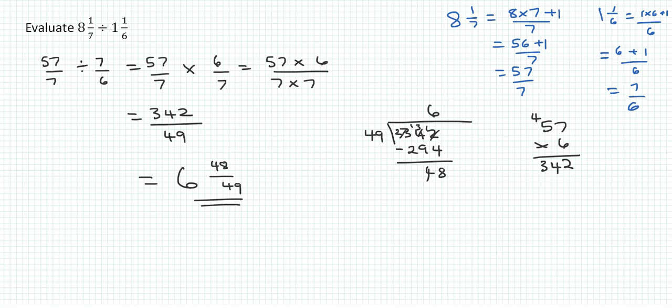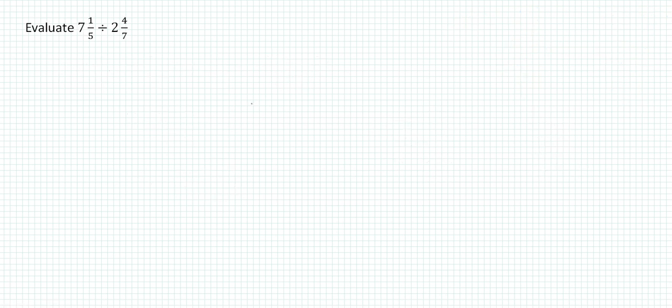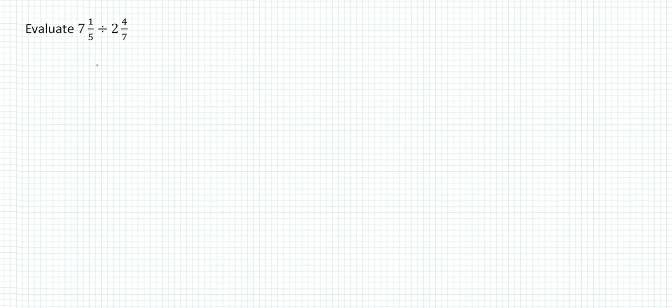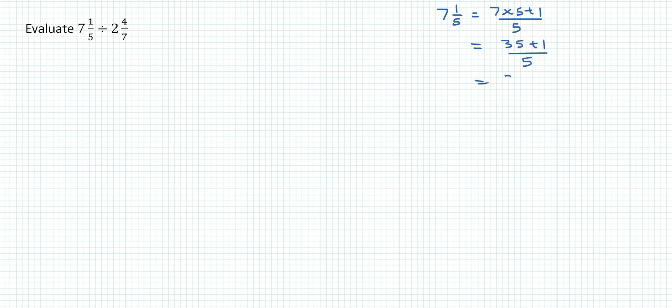One more example. 7 1/5 divided by 2 4/7. The first thing we're going to do is to convert each of them into an improper fraction. So let's start with 7 1/5. 7 1/5 is going to be 7 times 5 plus 1 over 5, which is going to give us 35 plus 1 over 5, which is 36 over 5.